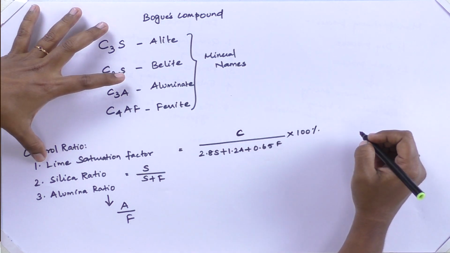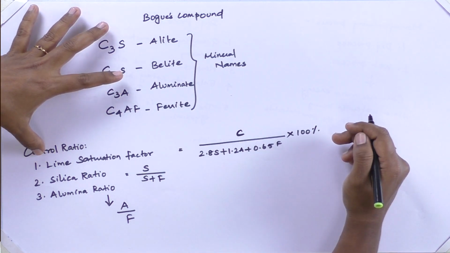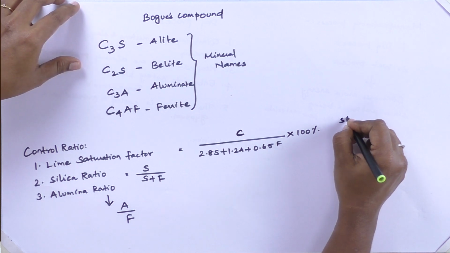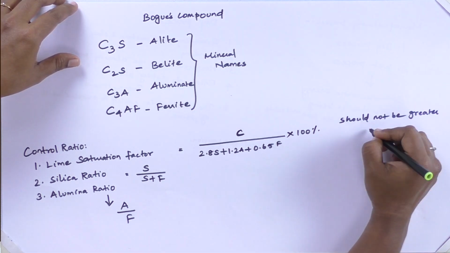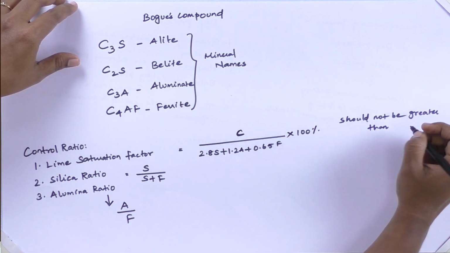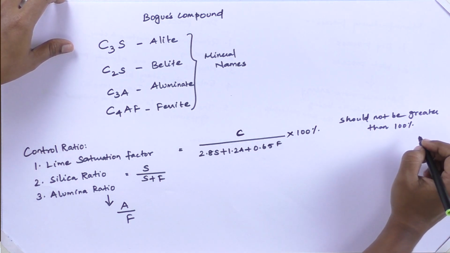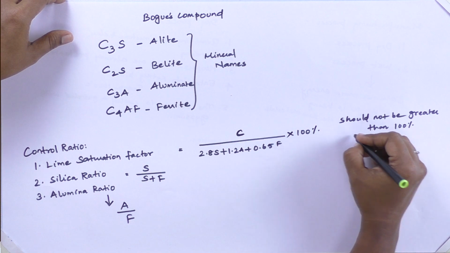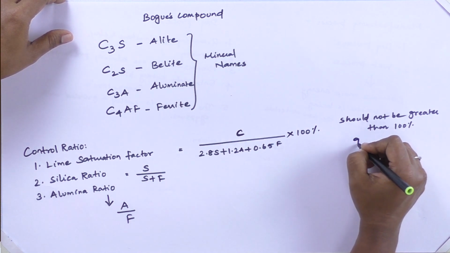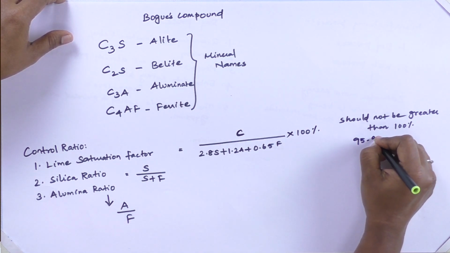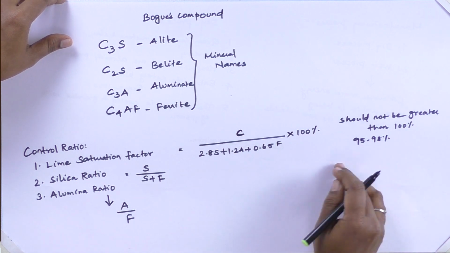What they are telling is this lime saturation factor should not be greater than 100%. It should be somewhere around 95 to 98%.